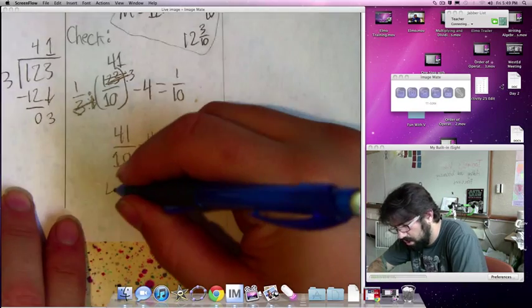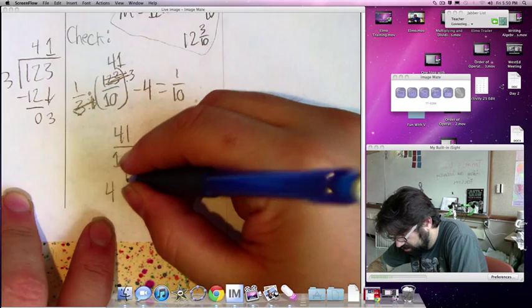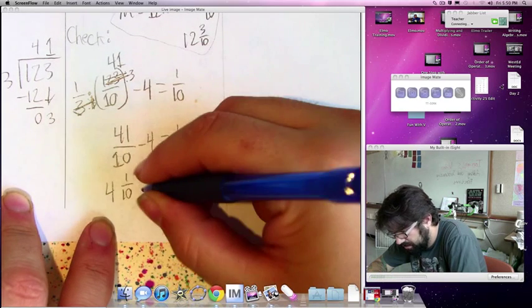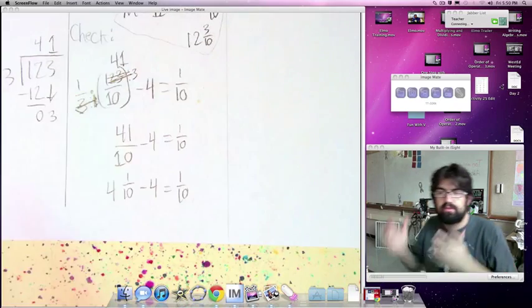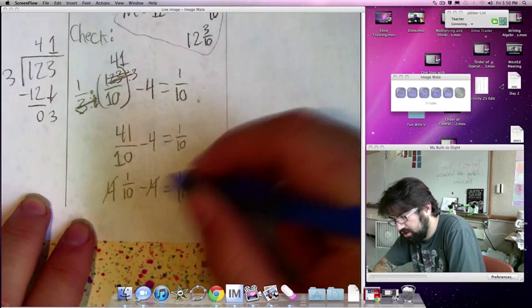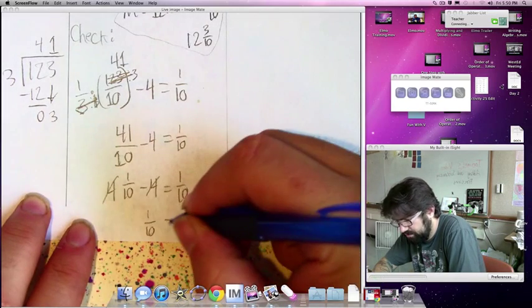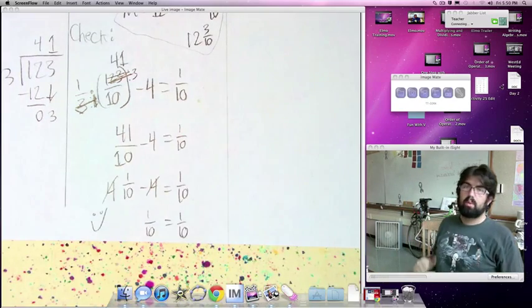This turns into 4, because 10 goes into 41 4 times. And what's left over is 1 over 10, minus 4. I'm taking away 4. 4 and 1/10 minus 4. I'm just taking away 4. So all that's left is 1/10. Hey, look. There we are. Check. 1/10 equals 1/10.